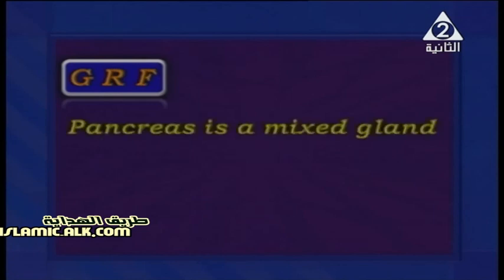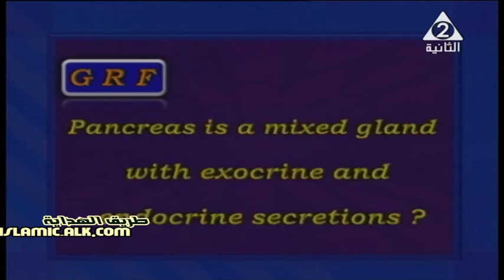Okay, when I ask you to give a reason why the pancreas is a mixed gland with exocrine and endocrine secretions, I need your answers to be specific and more organized. Tell me why it is exocrine and why it is endocrine, and give me an example for the exocrine secretion and an example for the endocrine secretion.